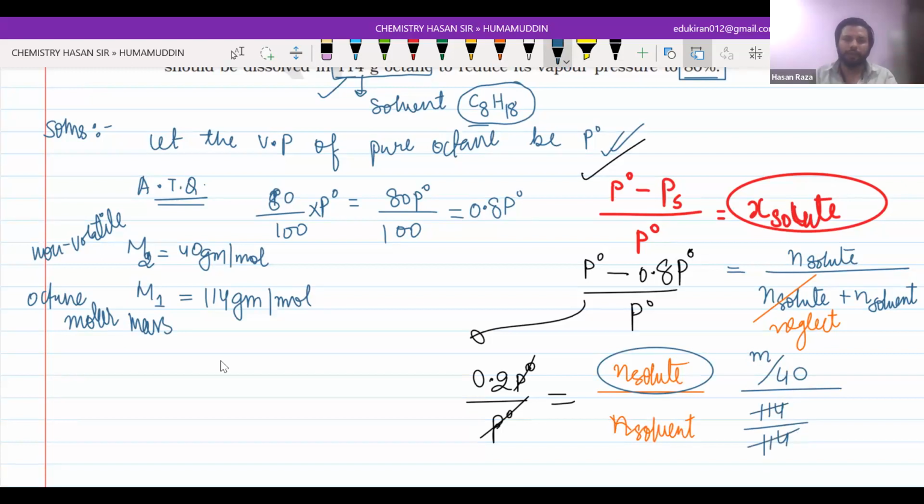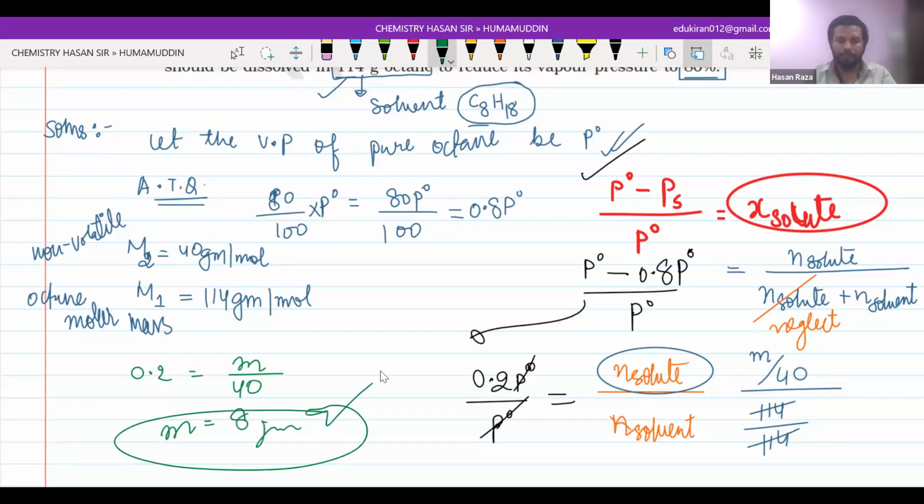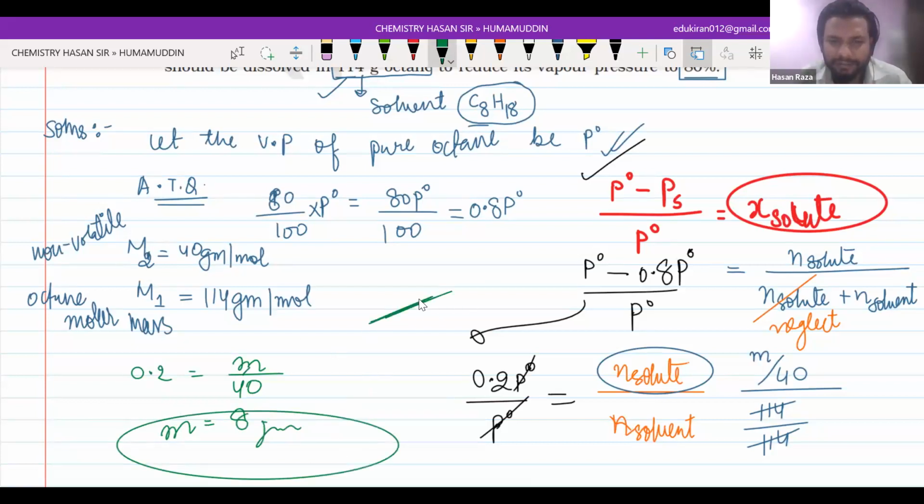Now, if you see it carefully, 0.2 will be equal to m by 40. If you solve it, you will be getting 8 grams. So this will be the mass of non-volatile solute. Is that clear? Yes, sir.